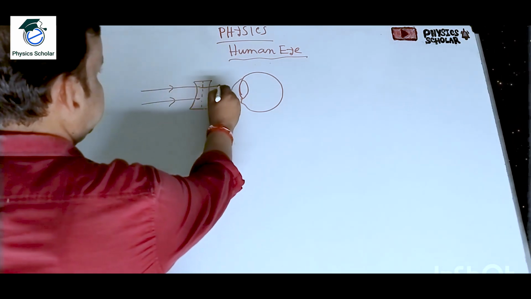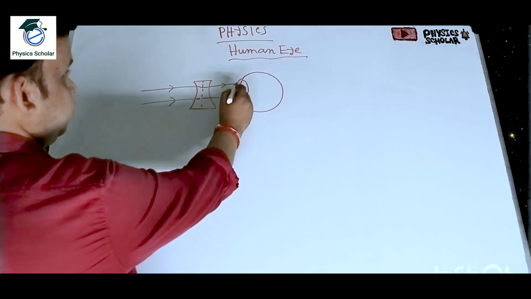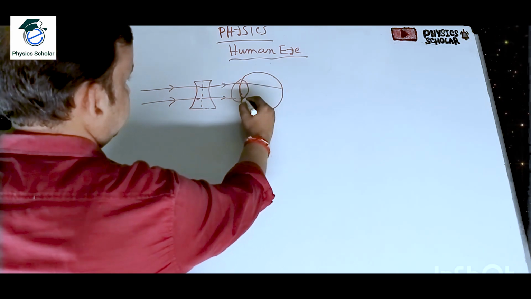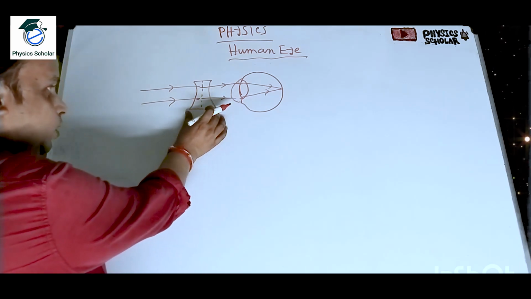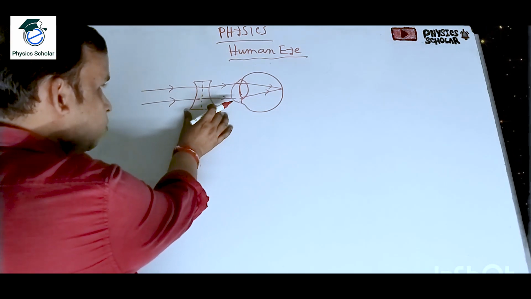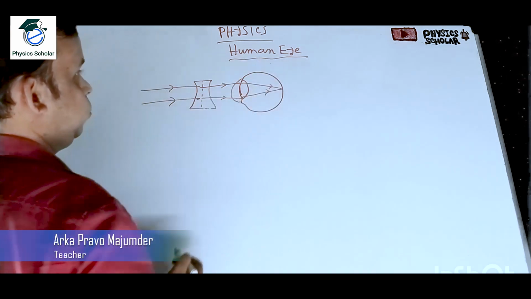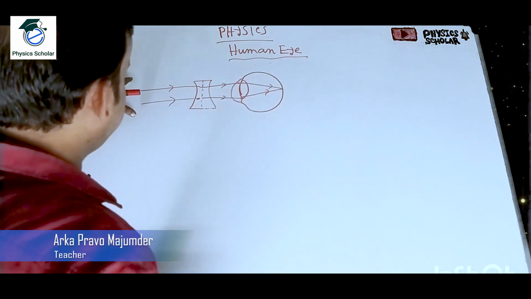Then what will happen? These rays will be divergent in nature, clear? After refraction, this will meet, okay? If we can set the power properly, then after refraction through the eye lens, the refracted ray will meet on the retina, and we can see the distant object.